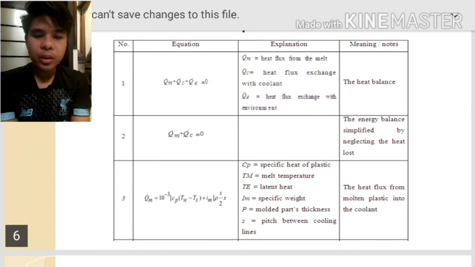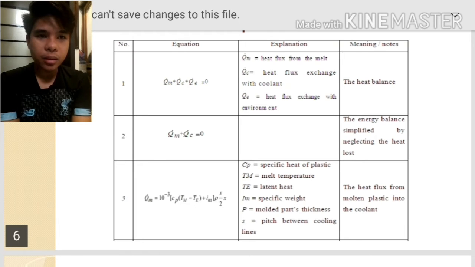There are a few formulas that we can use in finding the heat transfer in the mathematical analysis for the cooling process.